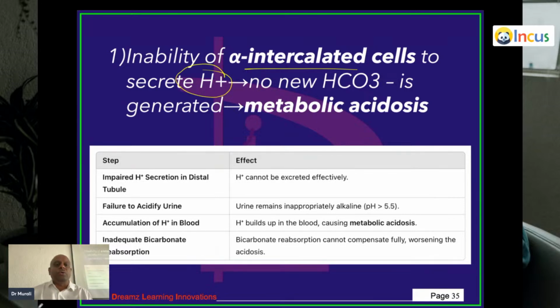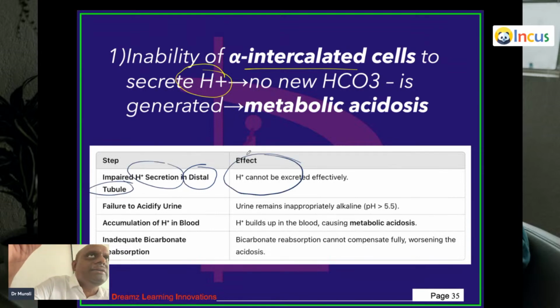So now let us look into what is exactly happening in this scenario. In the distal convoluted tubule, there is impaired H plus secretion because the alpha intercalated cells are not working. Because of that, what will happen if no H plus is secreted into the urine? The urine cannot be acidified and the urine pH inappropriately will remain alkaline.